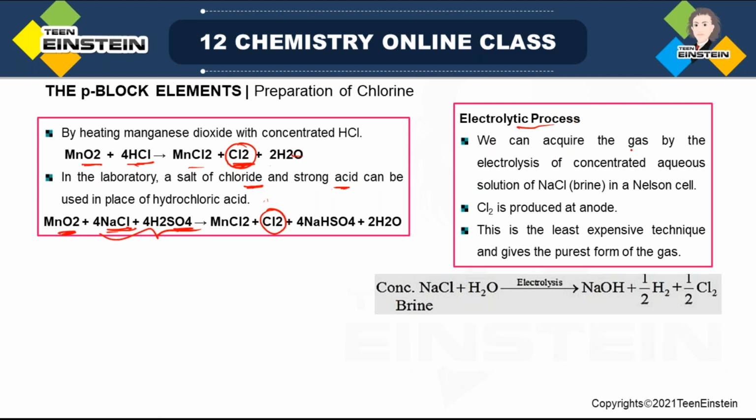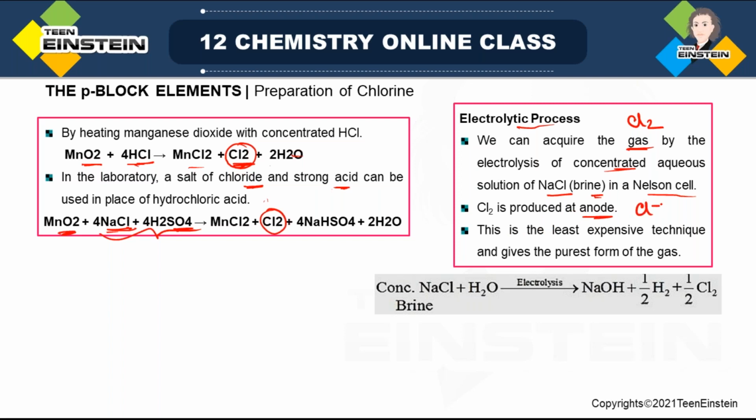We can acquire chlorine gas by the electrolysis of concentrated aqueous solution of NaCl. When aqueous NaCl solution is saturated, it is known as brine, and a particular cell named Nelson cell is used here. At the anode chlorine is produced. At the anode there is oxidation going on.